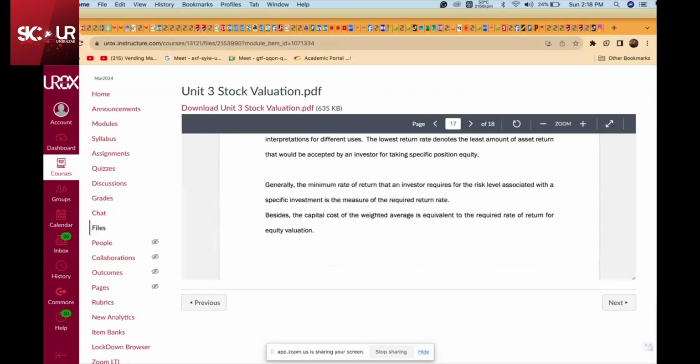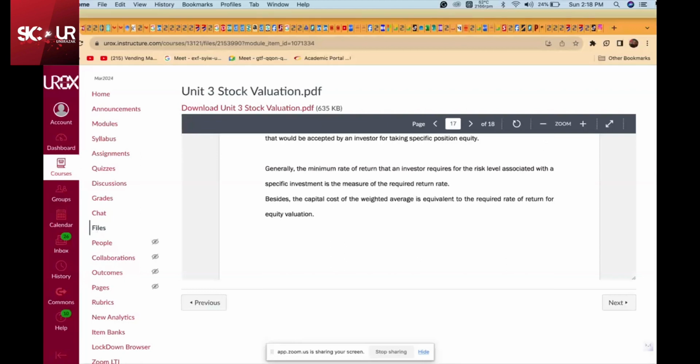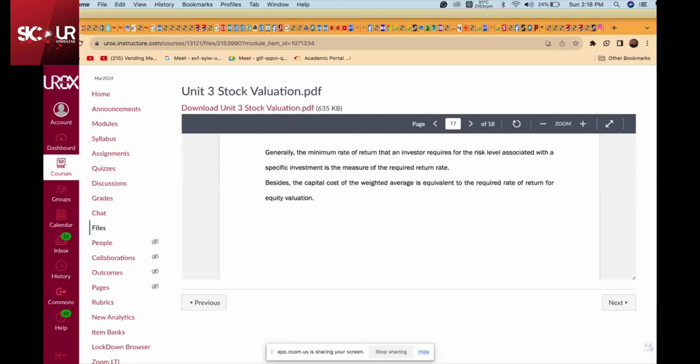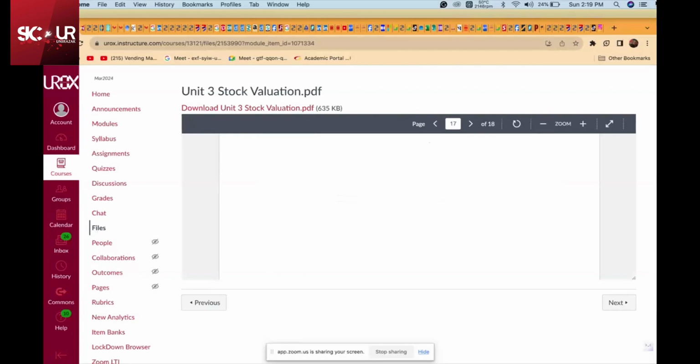Generally, the minimum rate of return that an investor requires for the risk level associated with a specific investment is the measure of the return rate, and besides that, the weighted average cost of capital is equivalent to the required rate of return for the equity valuation.